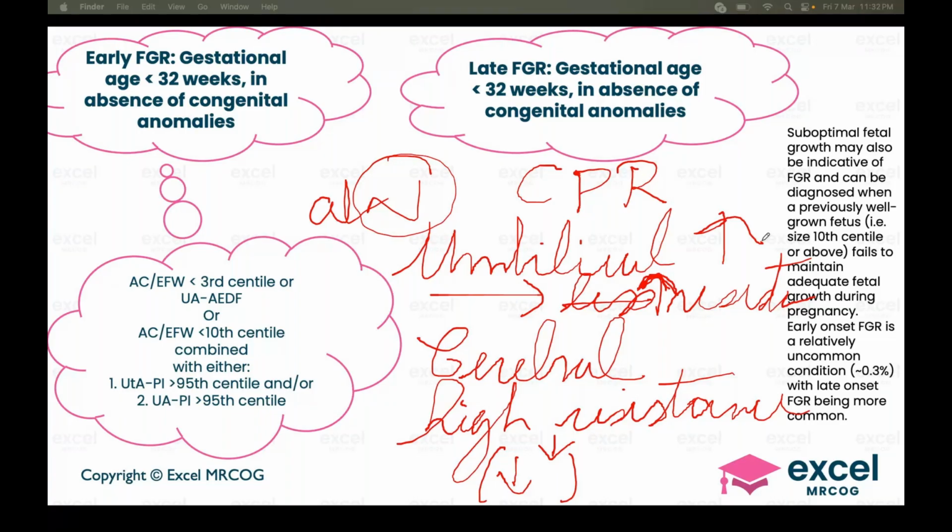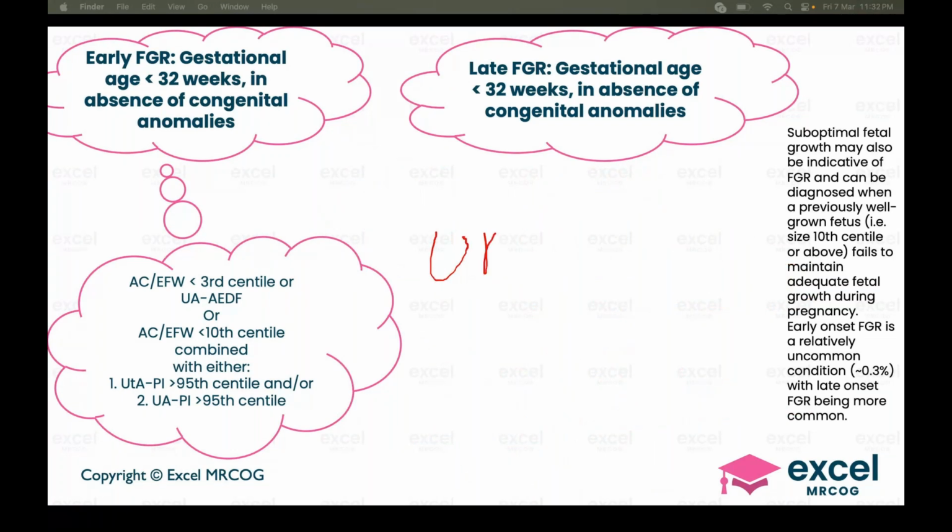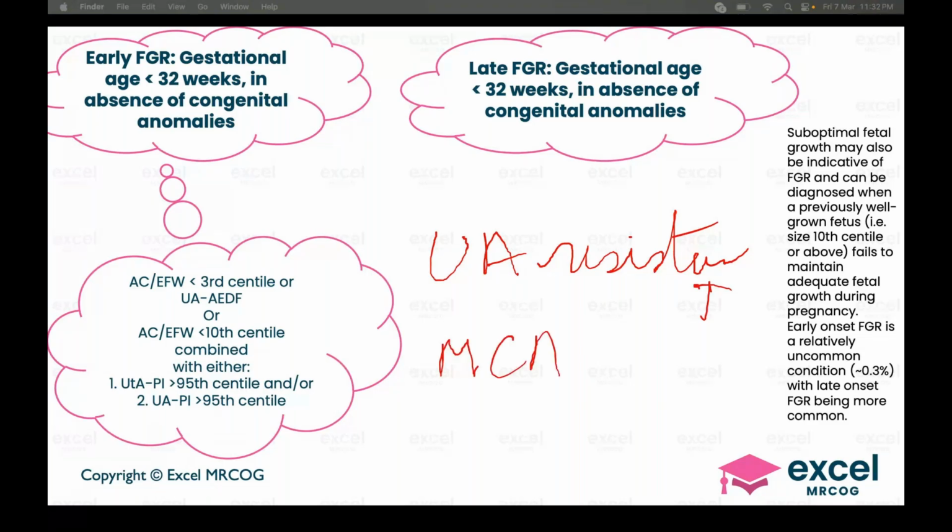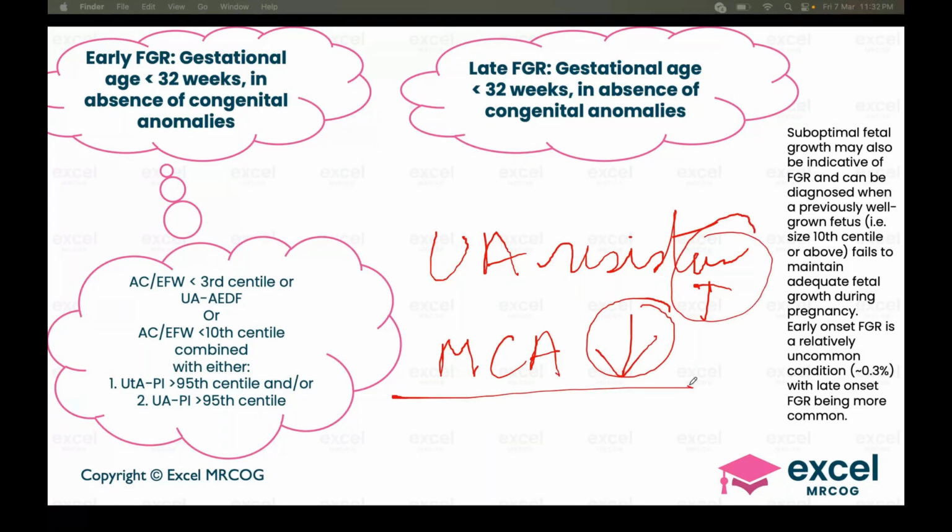vessels. So what happens is your umbilical artery resistance increases while MCA, the middle cerebral artery, decreases. So the CPR, the cerebroplacental ratio, of MCA to umbilical artery resistance reduces.